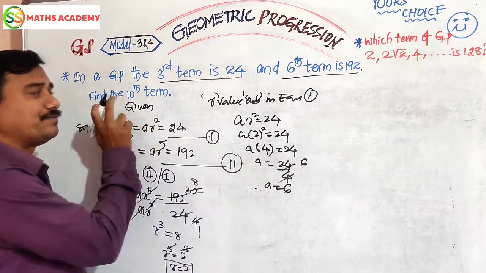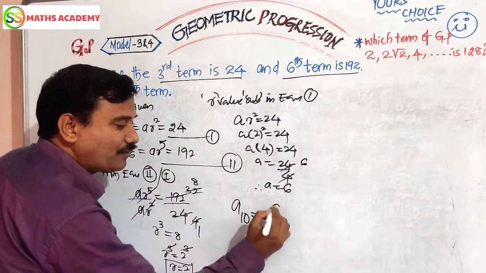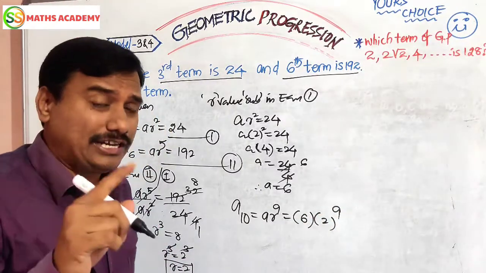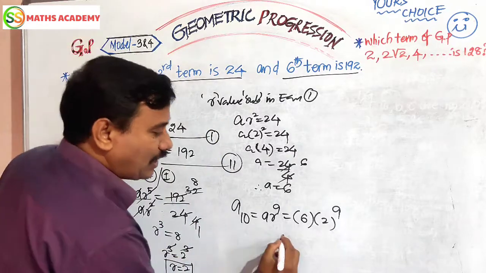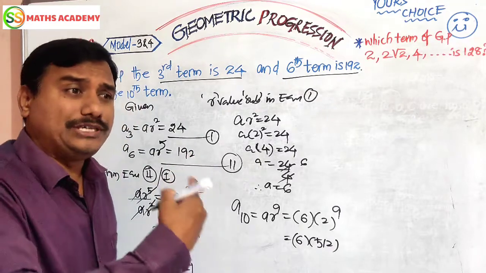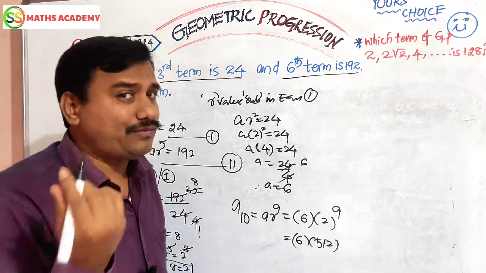I got the r value and now I got the a value. Then what is asked? a10, nothing but ar to the power of 9. What is a? 6. What is r? 2 power 9. Yes, I told you very clearly: 2 to the power of 10 up to in your mind, then it is easy. 2 to the power of 9 is 512, multiplying 2 nine times.